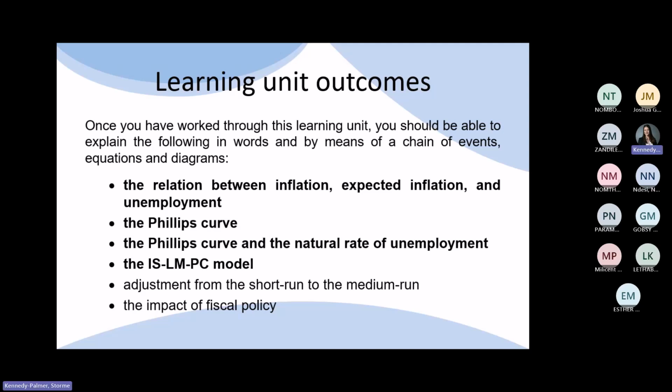In next week's session, I'll present on the adjustment from the short run to the medium run and the impact of fiscal policy. So in this class, which is part 1, we're going to be looking at the short run. And then in part 2, essentially, we're looking at the adjustment from the short run to the medium run and the impact on fiscal policy.